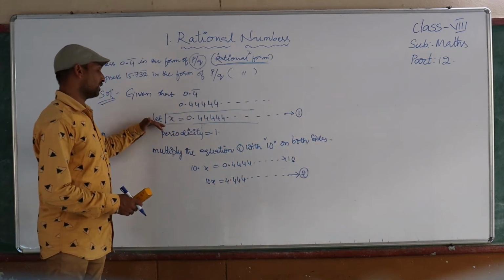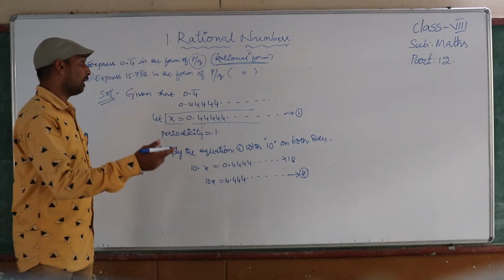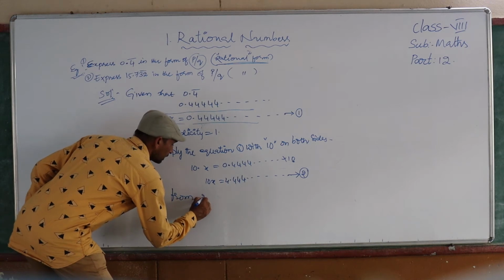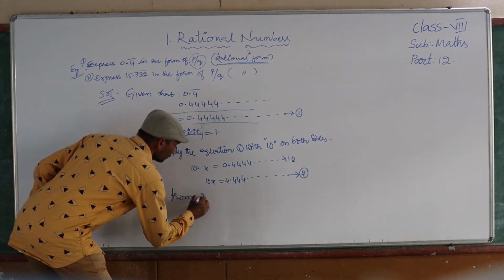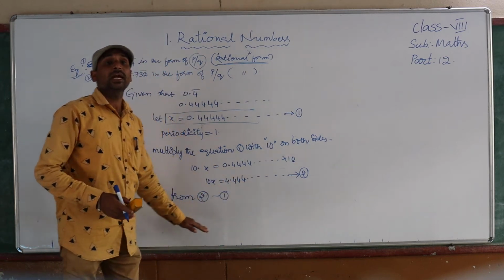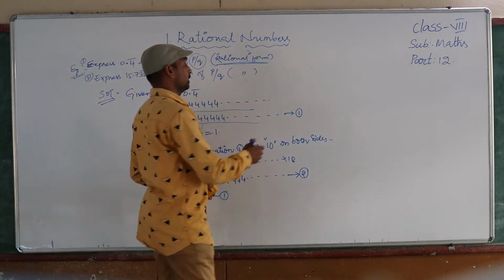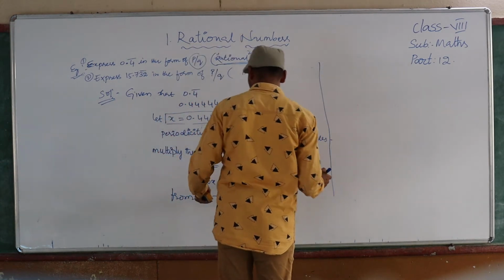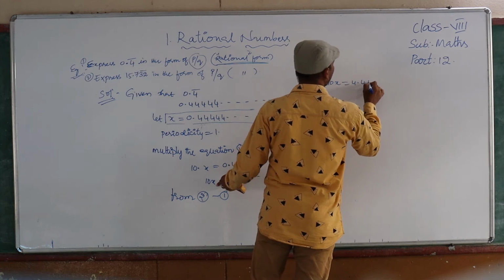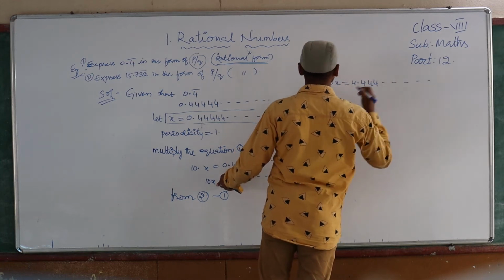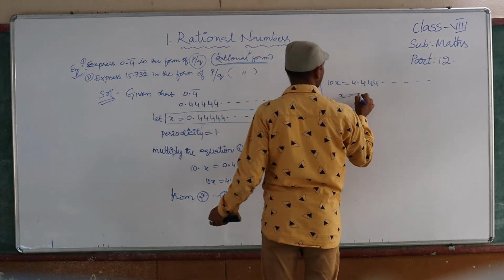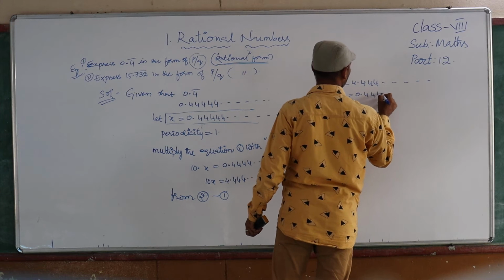Then, after getting the first and second equations, you have to subtract: from the second equation, subtract the first. See carefully, children. The second is 10x equals 4.444 and so on, and the first is x equals 0.444 and so on.